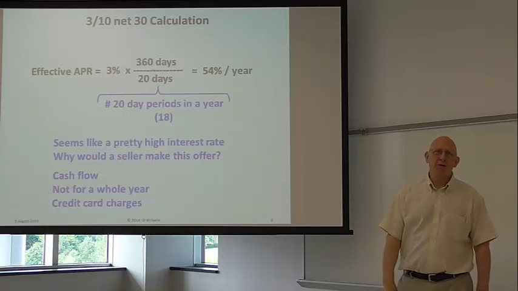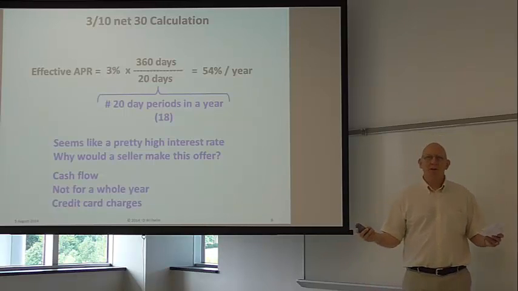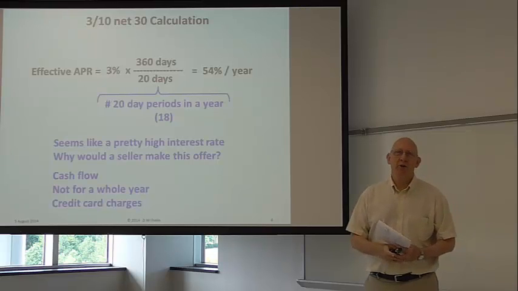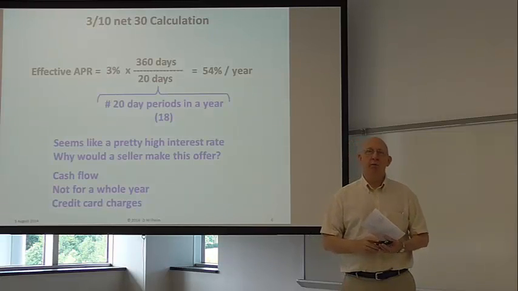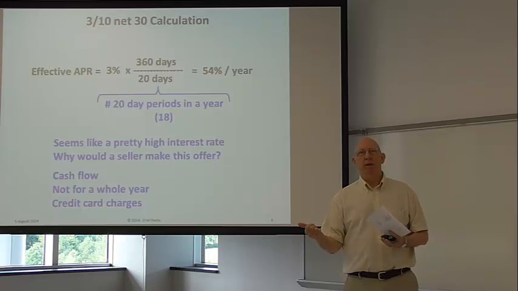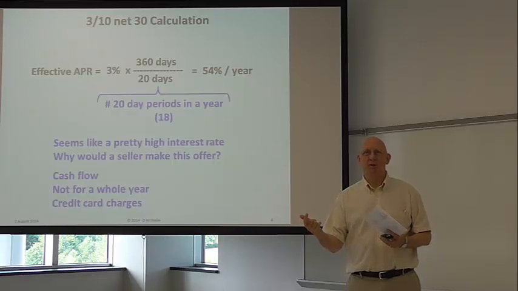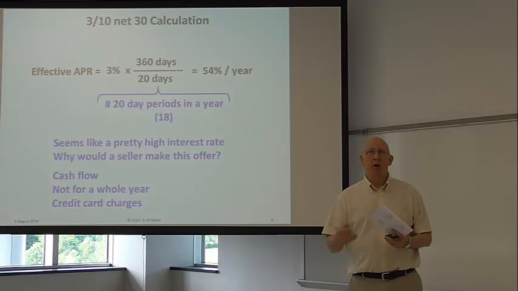Well, for cash flow. The seller wants to get that cash in there. The three major financial statements of a business are typically the earnings statement, also called profit and loss or income statement, the balance sheet, and the cash flow.